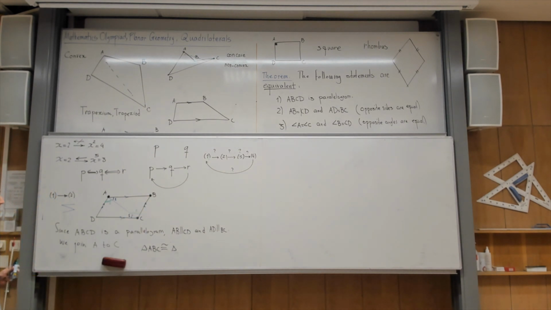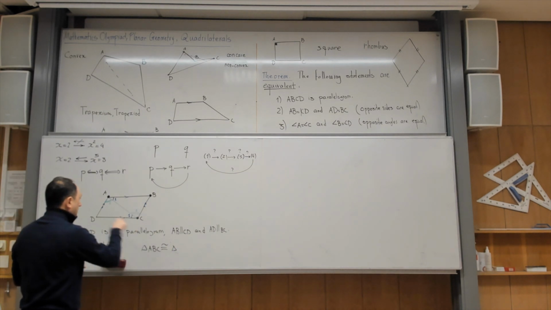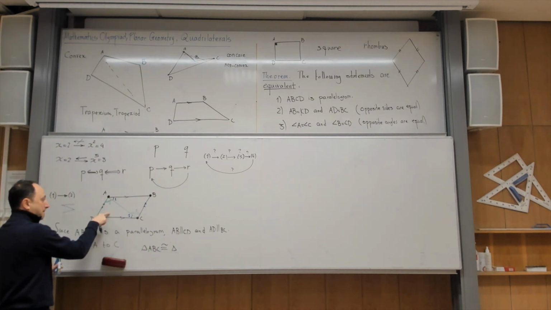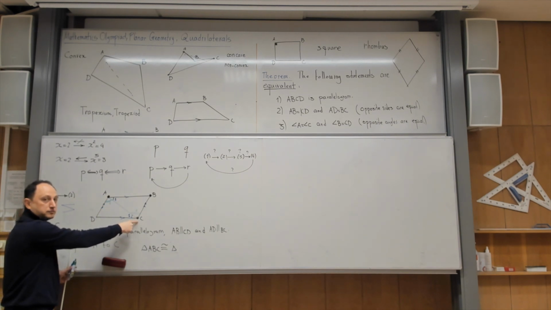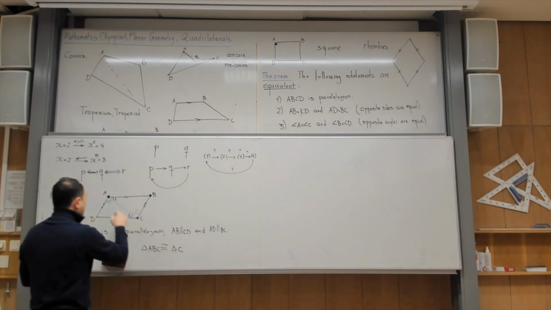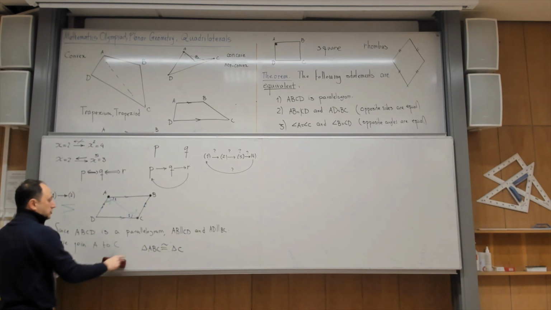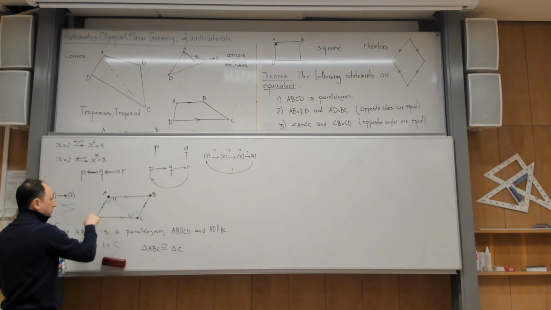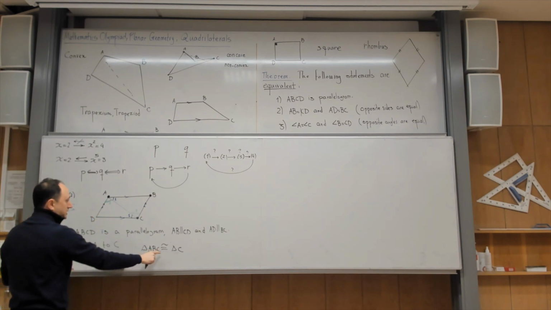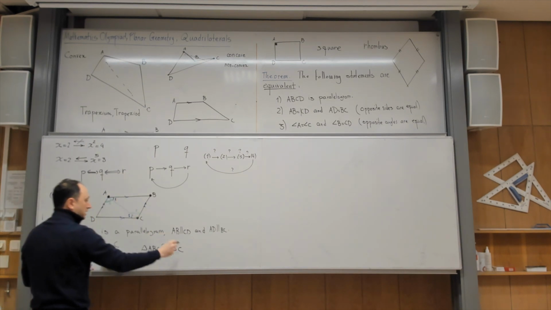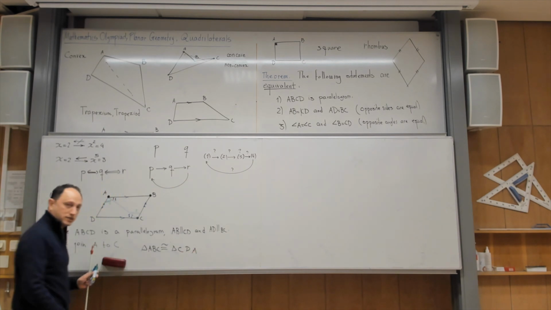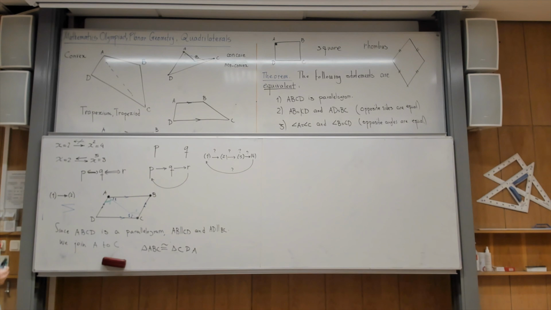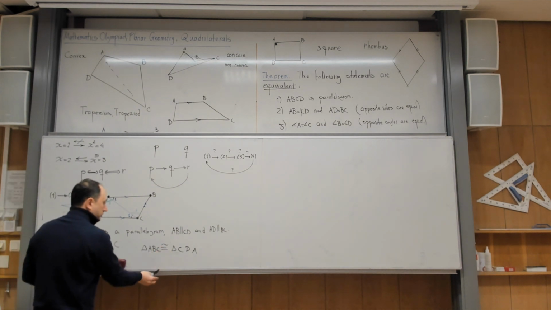So what should I choose for A from the bottom one? ACD. So if I choose A from the top one, I should choose C from the bottom one, because these angles are the same. And if I choose C at the end, I have to choose A here. And then, of course, what is left is D. But that's the correct way. But I really don't want to distract ourselves with these nuances, yes?